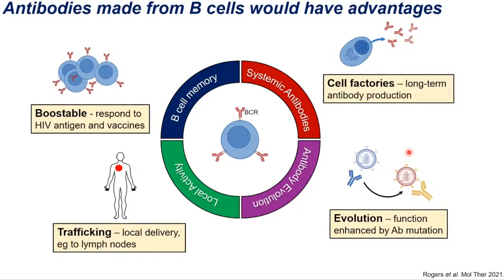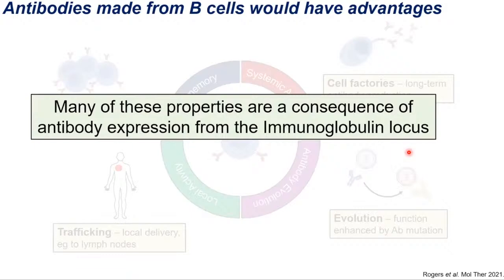So there's really just a lot of amazing biology behind antibody production from natural B cells that you don't get if you're just expressing an antibody from a liver cell. So when I first understood this, I got quite excited about this. But here's the tricky thing.